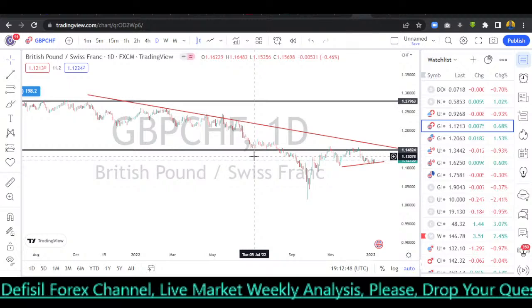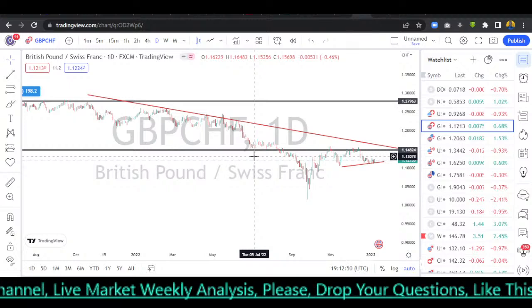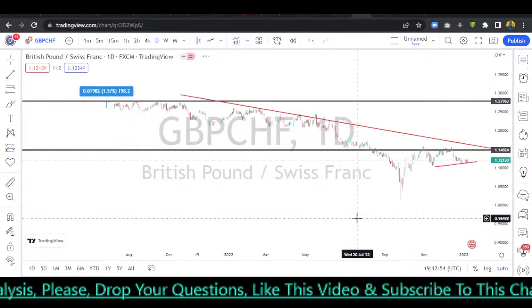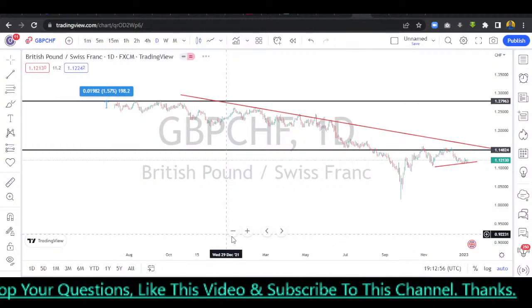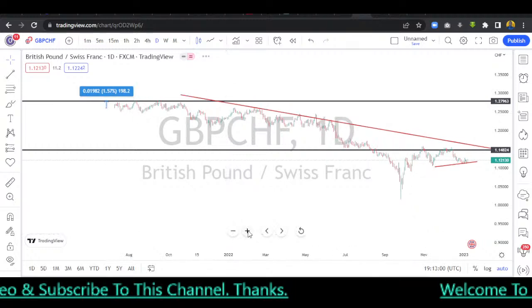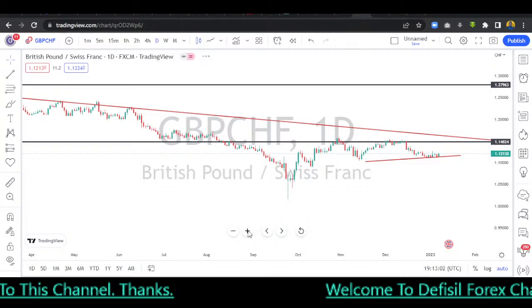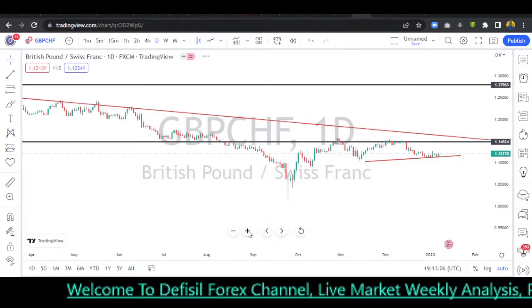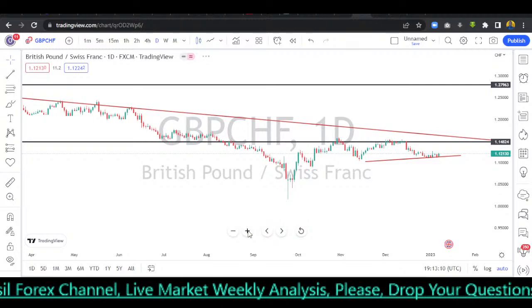Okay, so now let's zoom out and see the big picture. Let's see the performance of the GBP CHF on a smaller note.